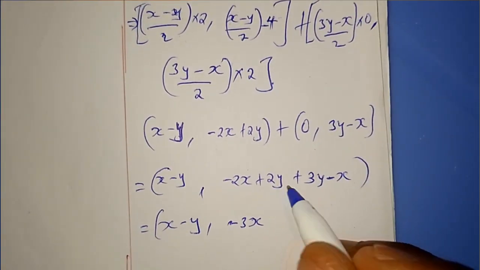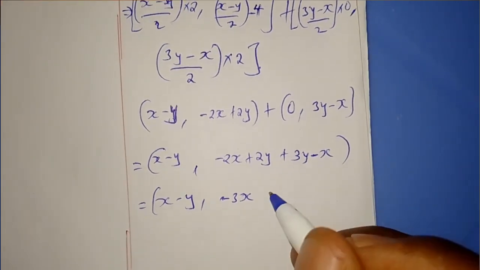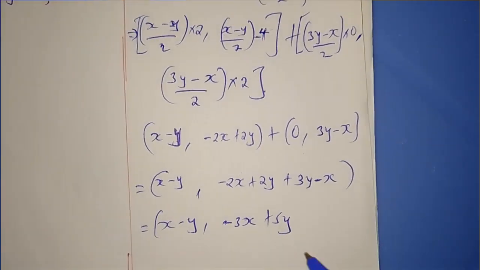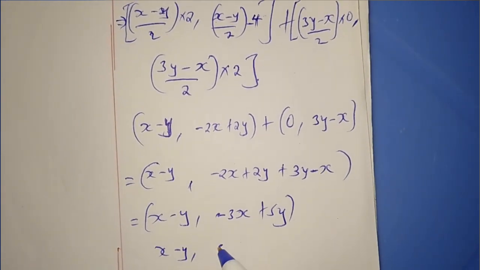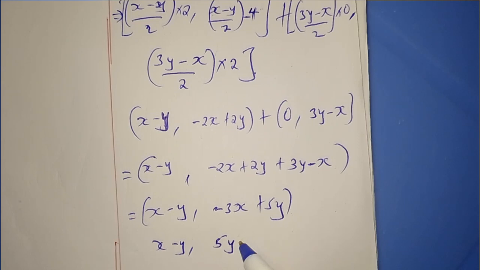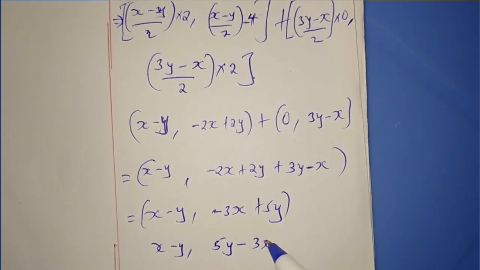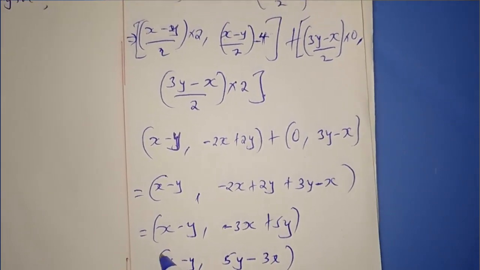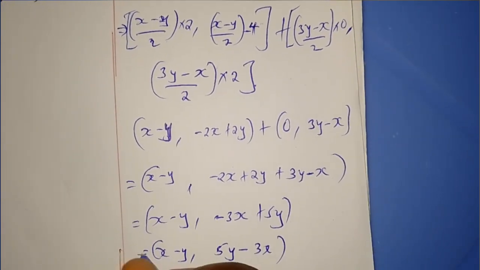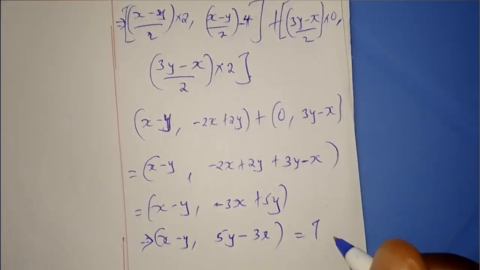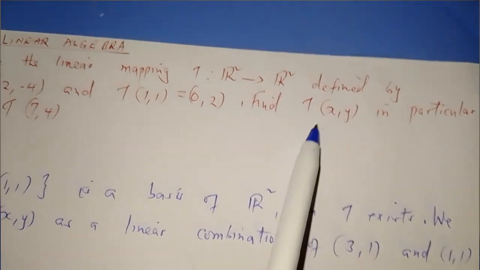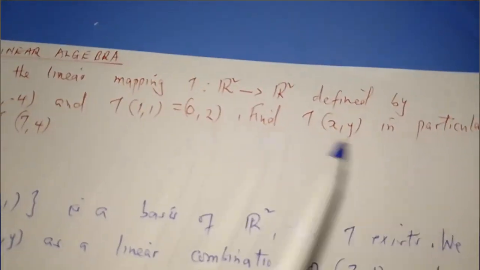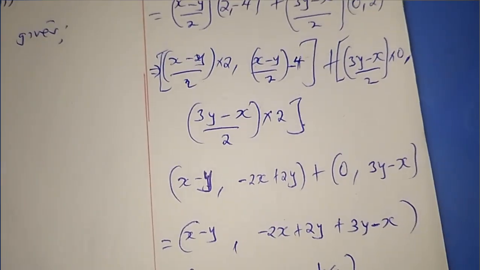Then positive 2y plus positive 3y is positive 5y. Now you have (x − y, 5y − 3x). This is T(x, y). We are done with the first part of the question. You were asked to find T(x, y) in particular, and now we are done with it.